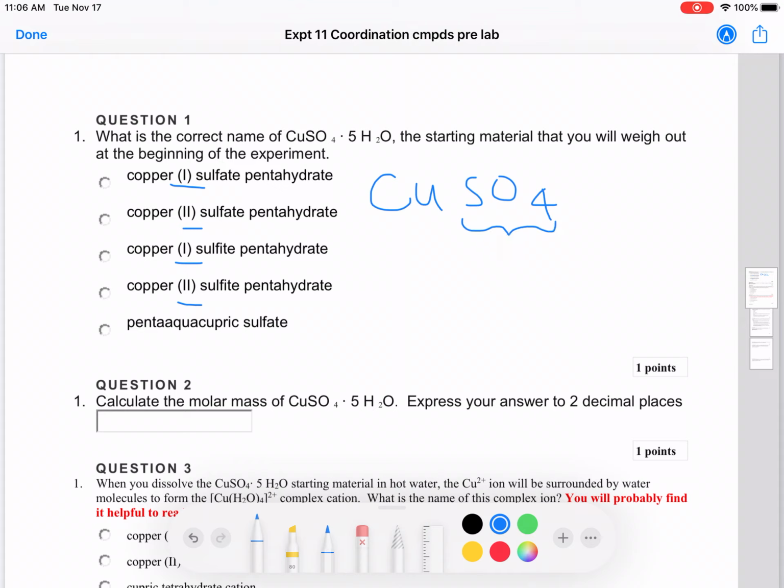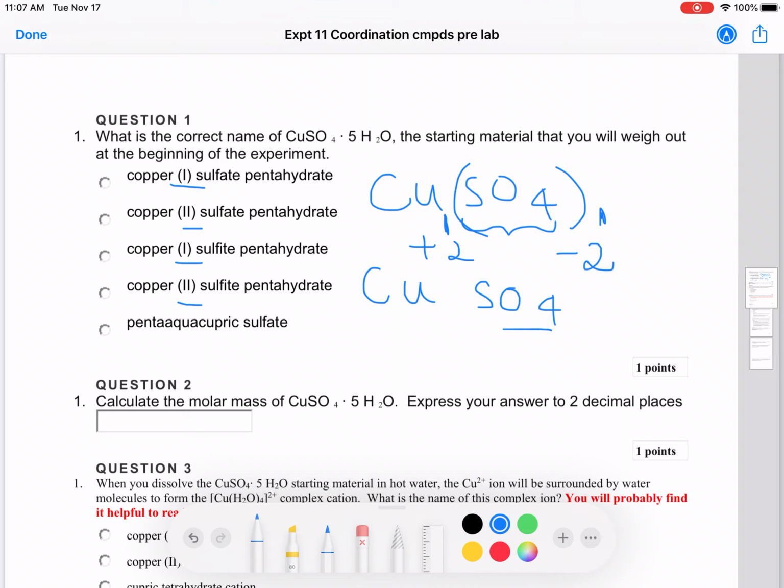You can refer to the polyatomic ion chart, and then we know sulfate is -2 charge. And copper and sulfate are in a 1-to-1 ratio, meaning the charge of the copper and the sulfate needs to be the same, right? And we know sulfate is -2, so then the copper has to be +2, right?